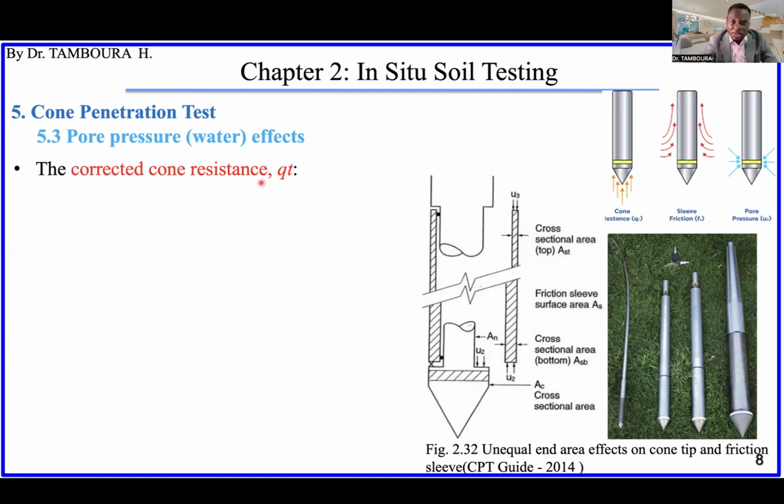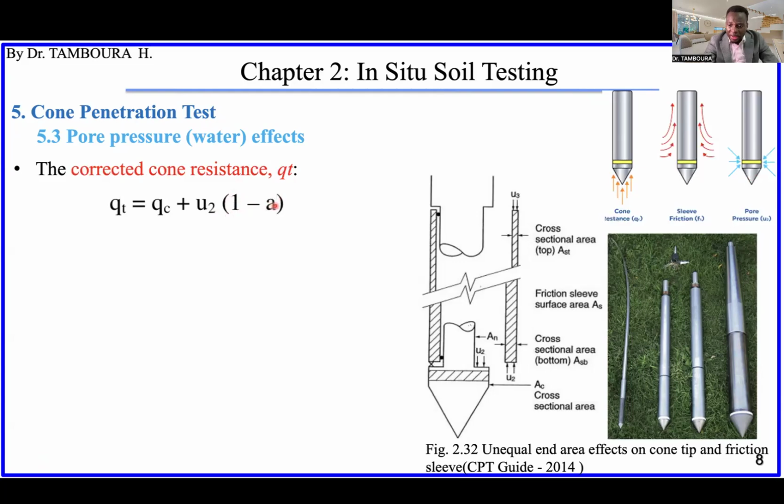The cone resistance is qc. The corrected cone resistance is qt. Sometimes it's called total resistance, the t stands for total. Here is the formula: corrected cone resistance equals the directly measured cone resistance plus u2, the measured pore pressure, times (1 minus a).